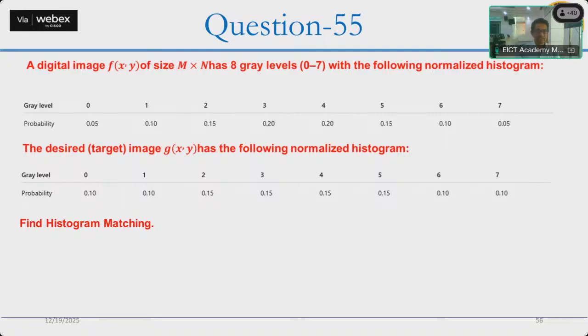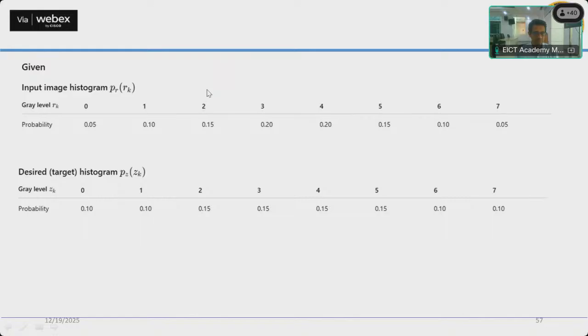But one change is there. What is the change here? When you calculate it, you are given the PDF, but what is missing? You can see the probability is there, and the desired target histogram is there.